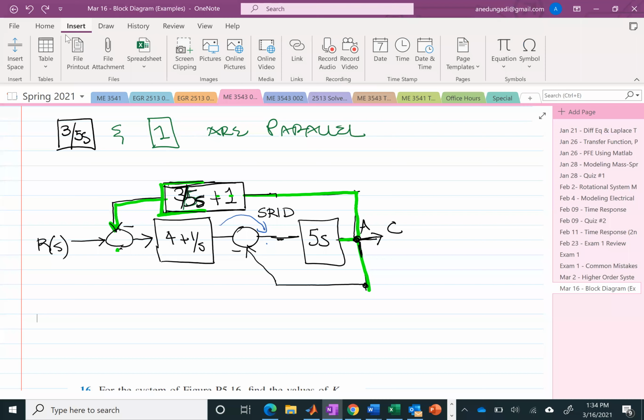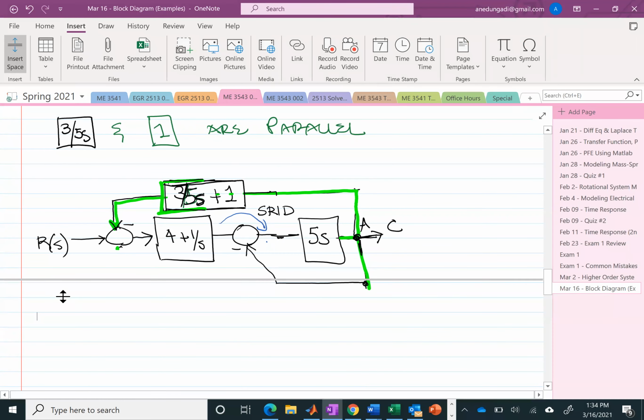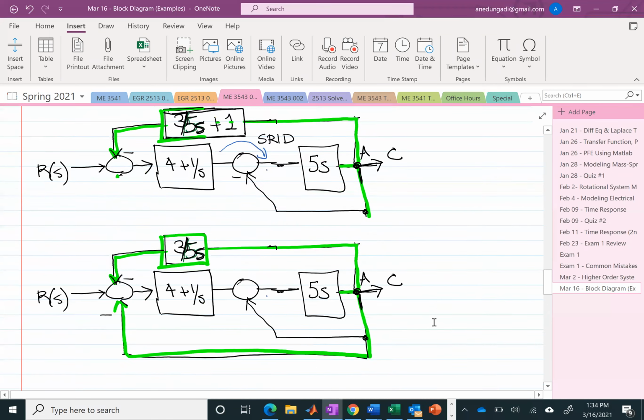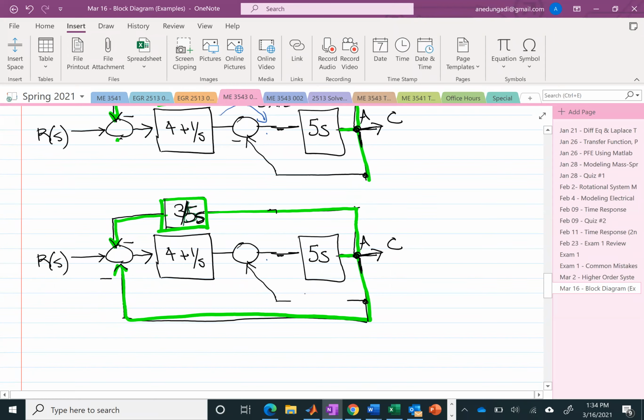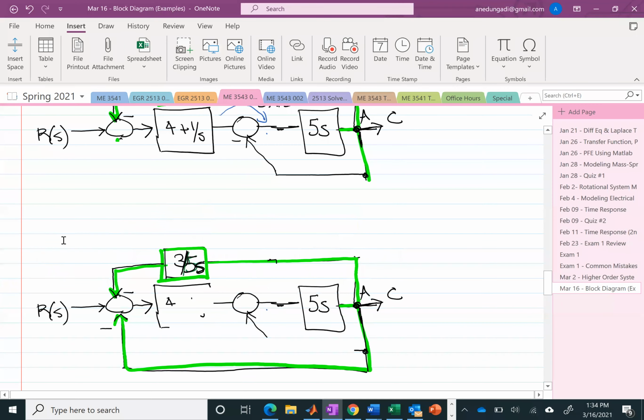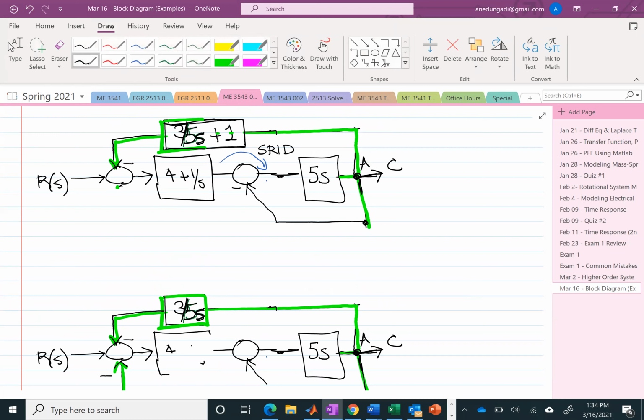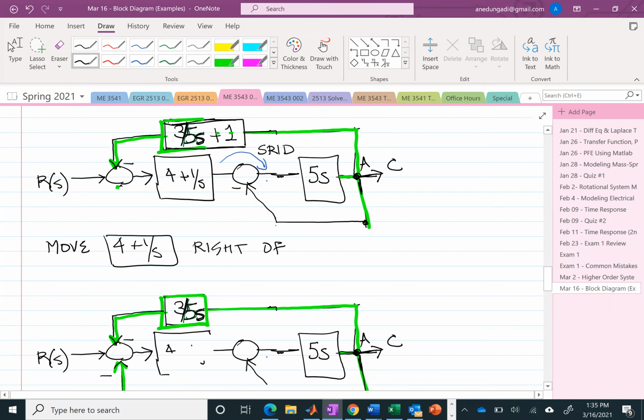Oh, need some more space. If I did that, then I would have input, whatever I'm moving, 4 plus 1 over S. So let me move 4 plus 1 over S to the right of, I'm going to call this B, to the right of B. And this is sum right input divide.